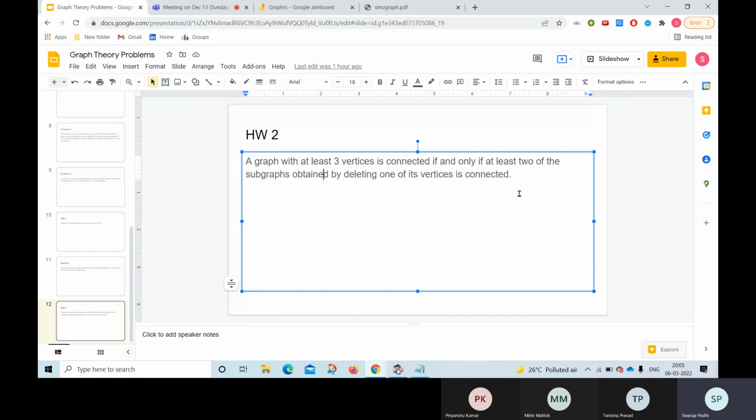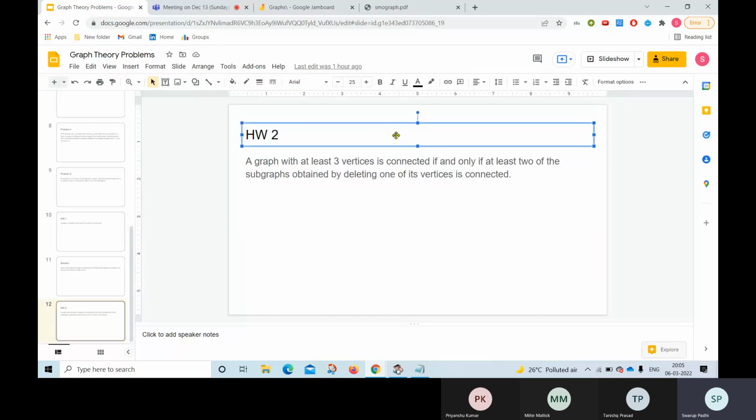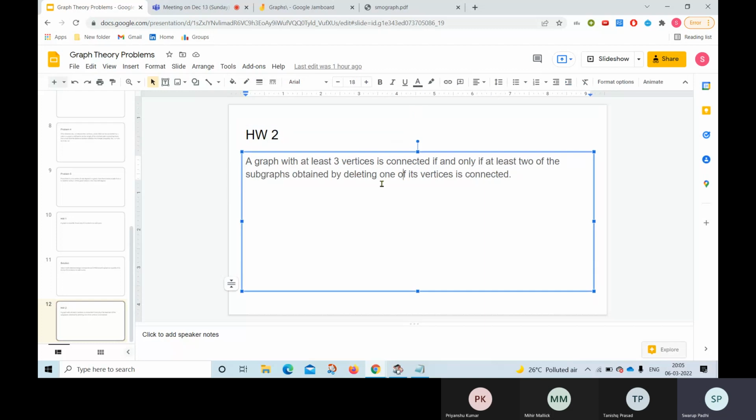Because of time crunch, I won't be able to extend this any longer. I am done with all the problems that I decided on except this one, and I will post the solution in MS Teams today, so you can check whether you are able to explain or understand the proof.